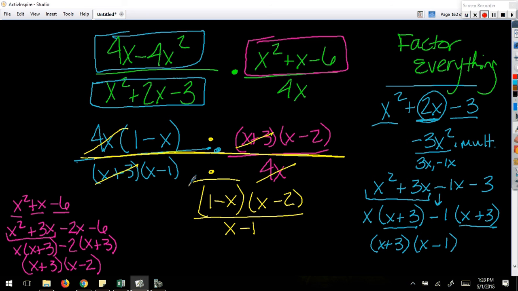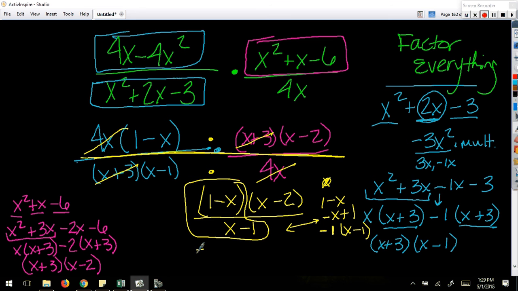you probably noticed a funny relationship between these two terms. If you rewrote 1 minus x as negative x plus 1, you can see that these two just have opposite signs. So I'm going to factor a negative 1 out of these to leave me with negative 1 times x minus 1.